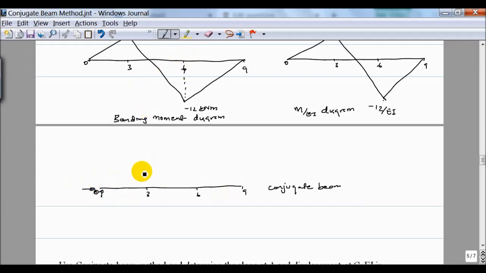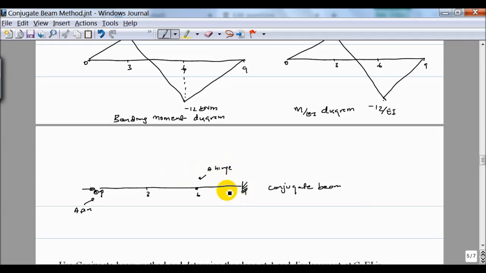Here it's a hinge, and here it's a fixed support.